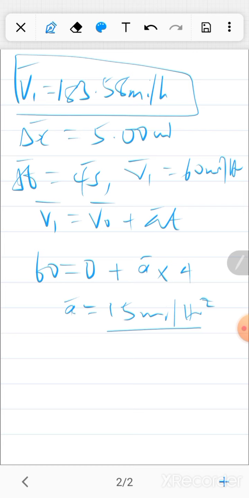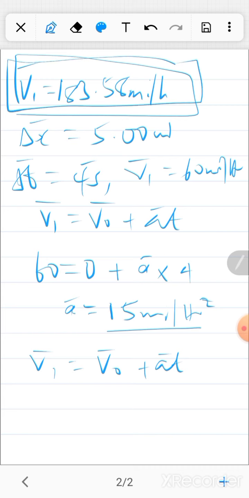And he said he accelerates at this rate until he reaches his maximum speed. How long does it take him to complete the course? So let's first figure out how long it took him at this acceleration to reach maximum speed. Again, v1 equals v0 plus at. The v1 that we're using is this maximum speed, 183.58.